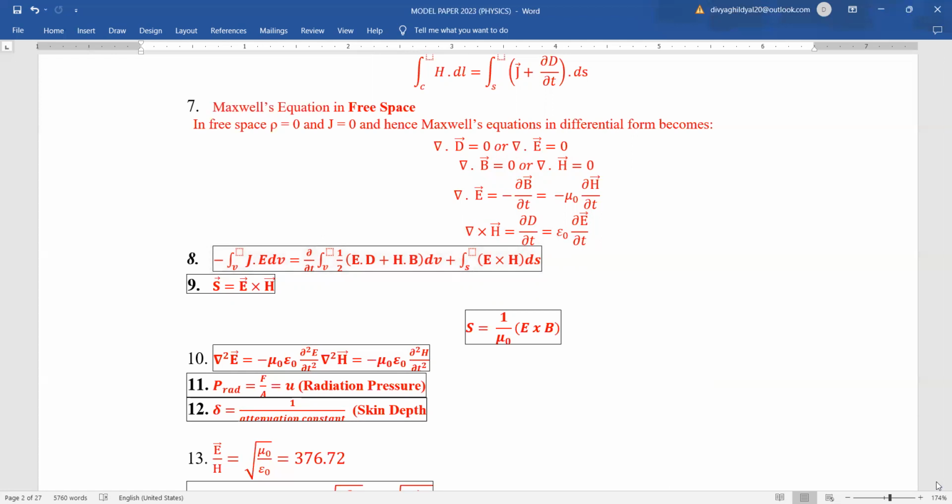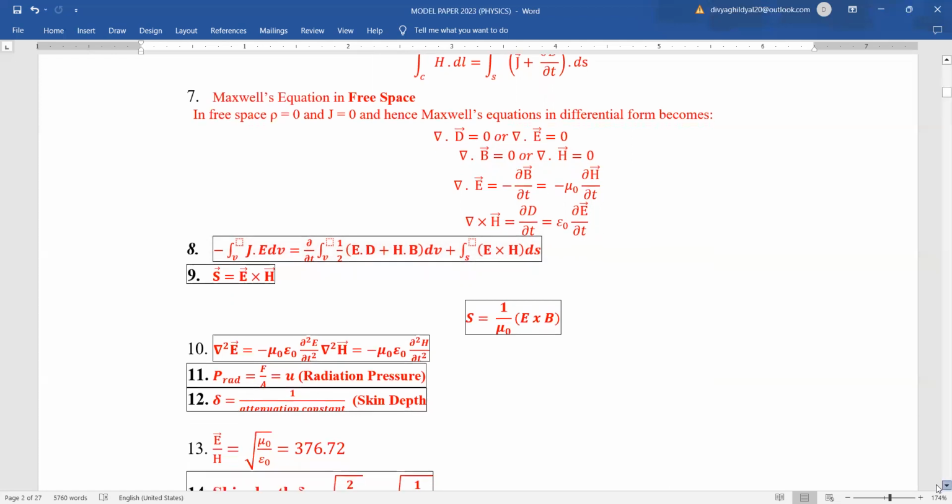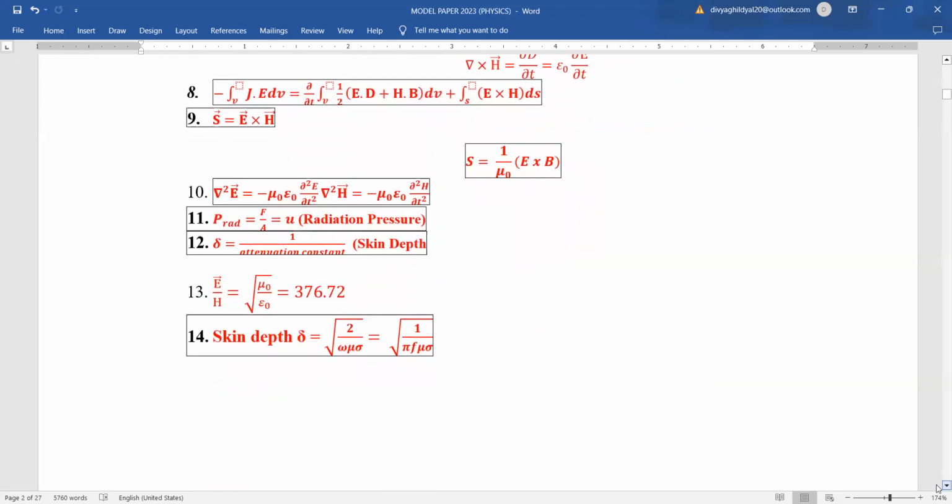Poynting vector S is equal to E cross H. Radiation pressure is given by force upon area. Skin depth is equal to 1 upon attenuation constant, and mathematically it is under root 2 upon omega mu sigma, or 1 upon pi f mu sigma.